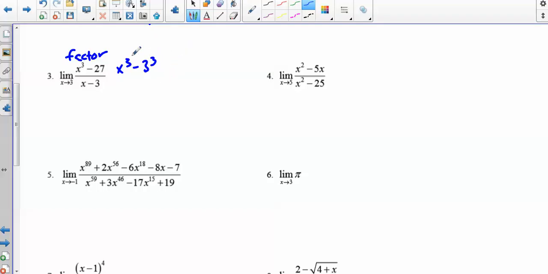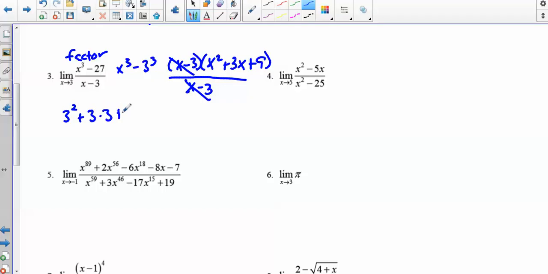Following the same pattern that you have in your notes, this is going to be x minus 3 times x squared plus 3x plus 3 squared, which is 9. So now we can cancel out the x minus 3, and as x approaches 3, we're going to plug that value in. So I have 3 squared plus 3 times 3 plus 9, which is 27.